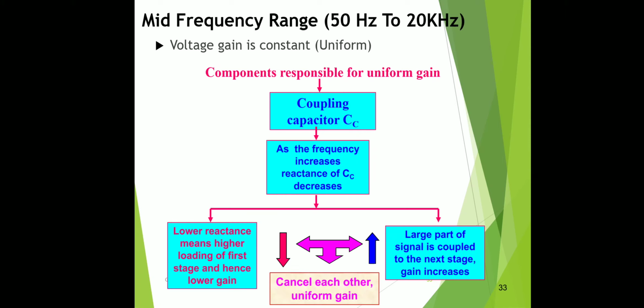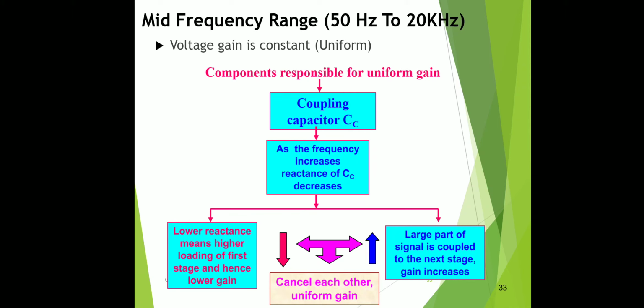As the frequency increases, the reactance of Cc decreases. Low reactance means higher loading of the first stage and hence lower gain.